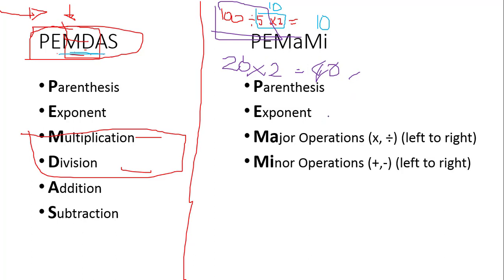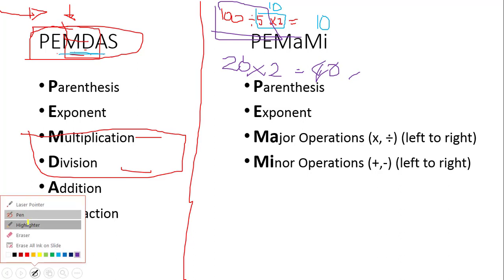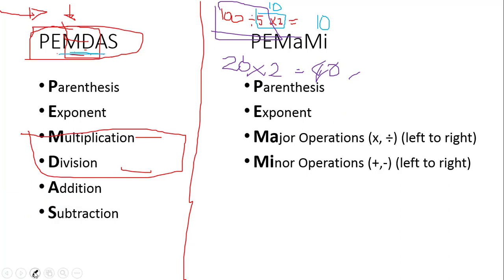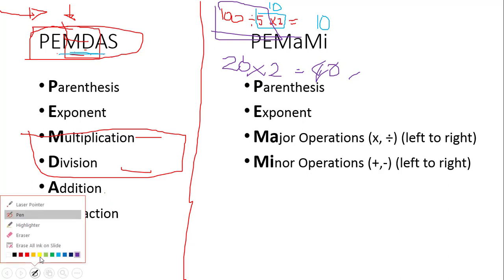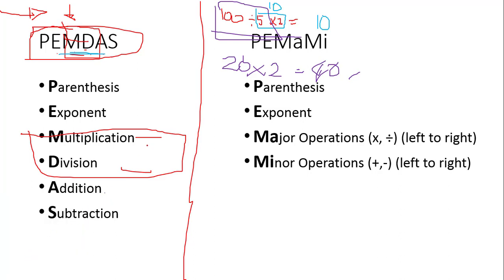Next, we have the MI or the minor operation. The minor operation is composed of addition and subtraction. Same thing with the major operations.